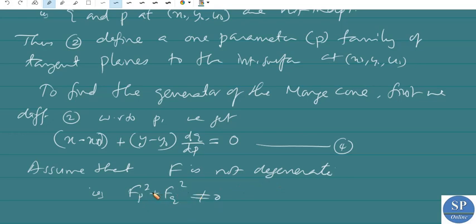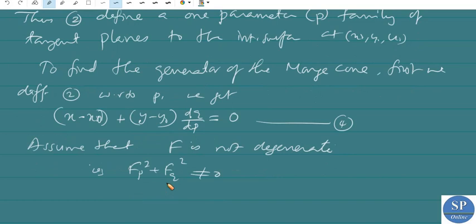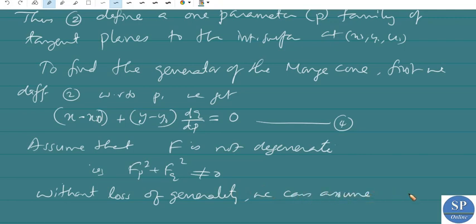So for this condition, we can assume without loss of generality fq is not equal to 0.